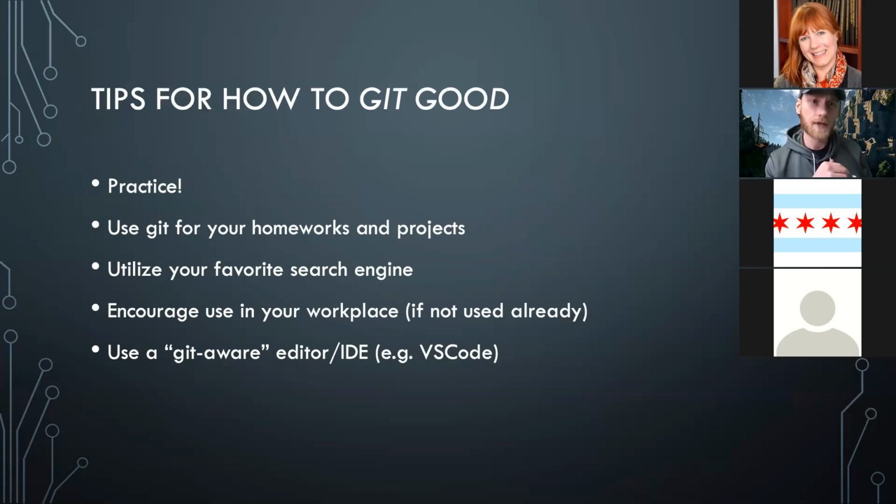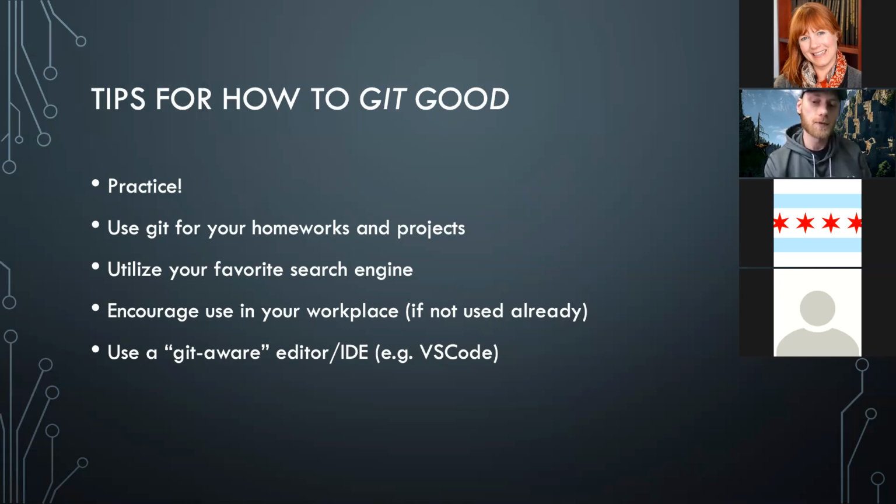So some little tips on how to get good. The most important thing is practice, and you're going to run into little issues that it's not always going to be easy to foresee, and you just can't read some documentation and then completely become a pro at it. You just have to really practice.